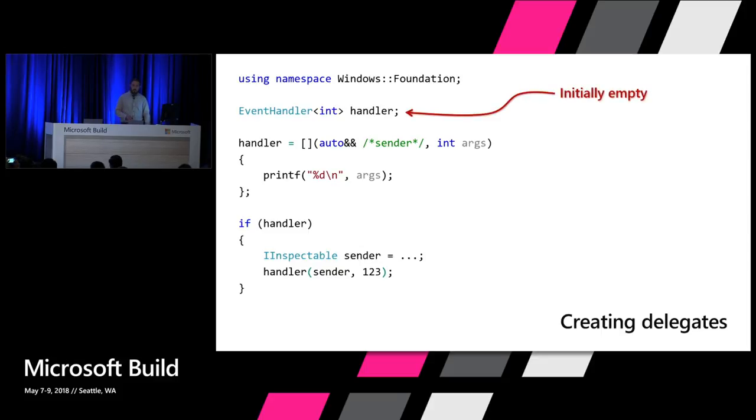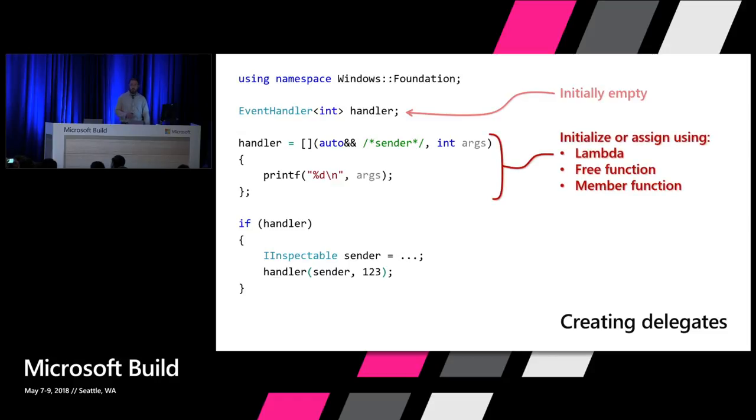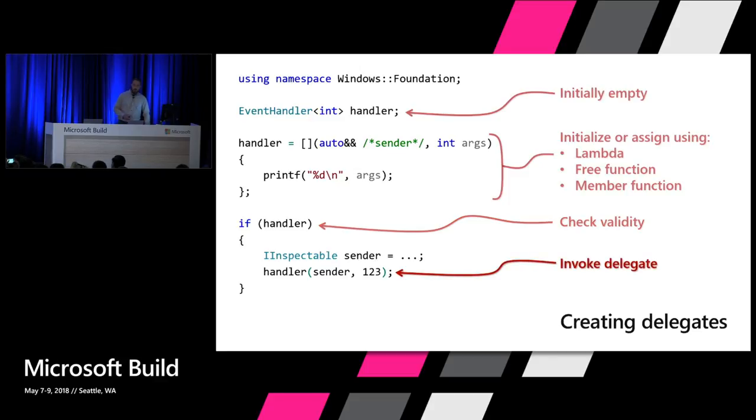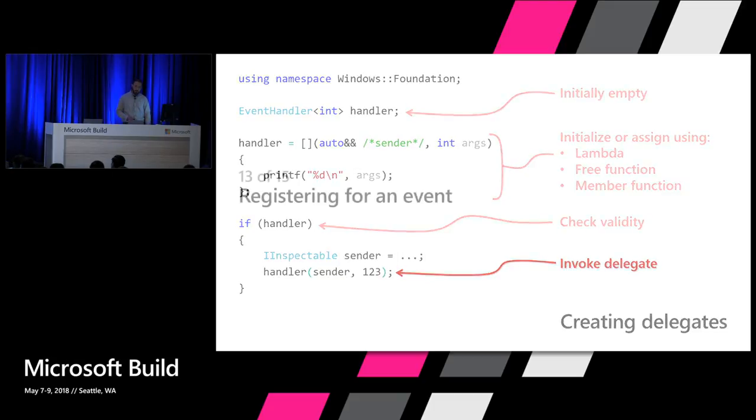So we might initially construct one, an empty one, and we can either initialize or assign a value to it using either a lambda, as in this example, or a free function or a member function. You can then check for validity, and you can invoke the delegate as you would expect any callable object. So very straightforward, certainly a lot more straightforward than C++ CX today, just in terms of the amount of code you need to write to get this done.